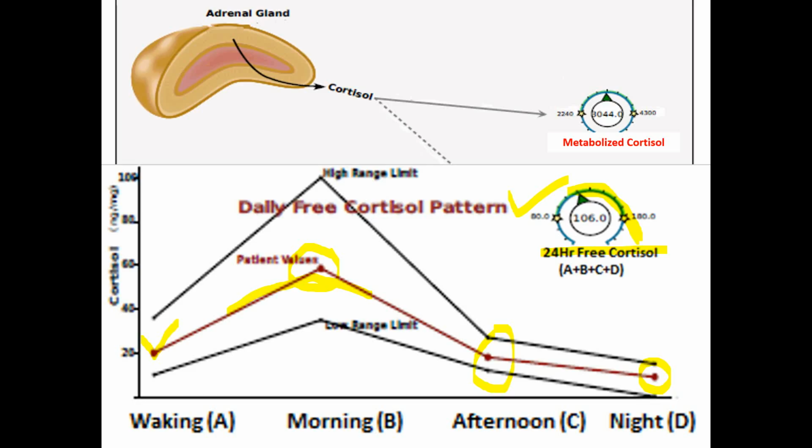Now that's free cortisol, but if we want to look at the total production, typically we're looking at metabolized cortisol because that represents not just 1% like the free cortisol, but it's really a better marker for overall production because it represents about 75%. So in this particular case, the cortisol production is either on the low side or within range.